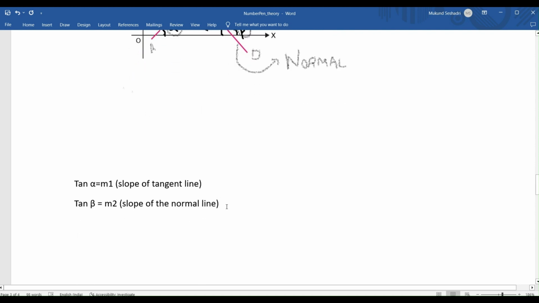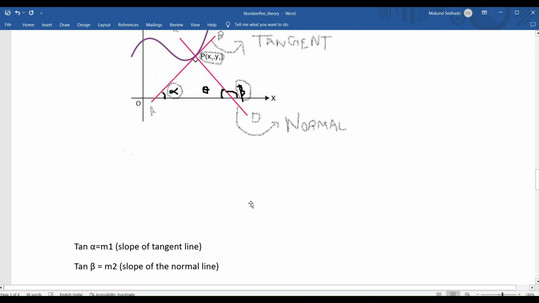Now, we know that the sum of angles in a triangle is 180 degrees.